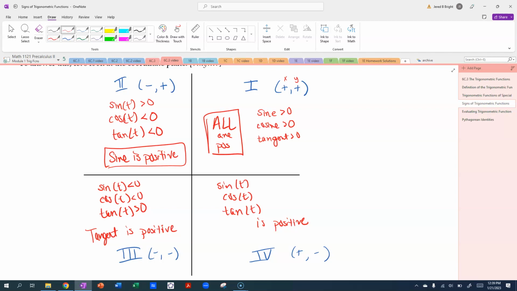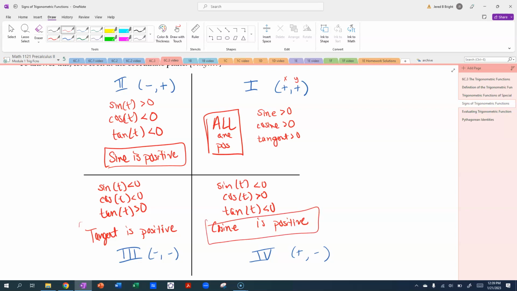In quadrant 4, sine, the y coordinate, is negative, cosine, the x, is positive, and then we have negative divided by positive, we get a negative. So only cosine and its reciprocal secant are positive in quadrant 4.